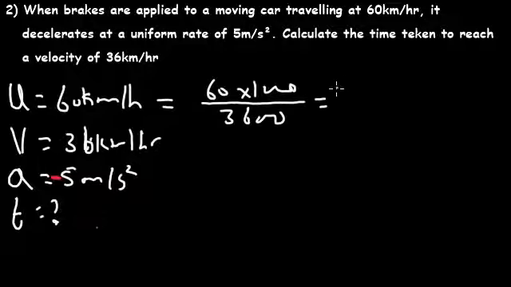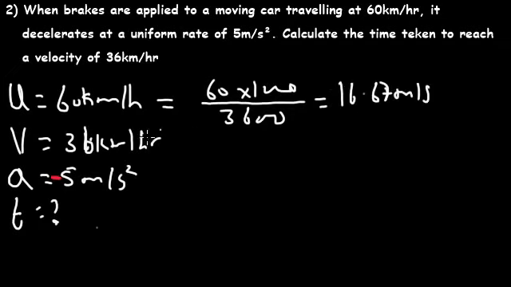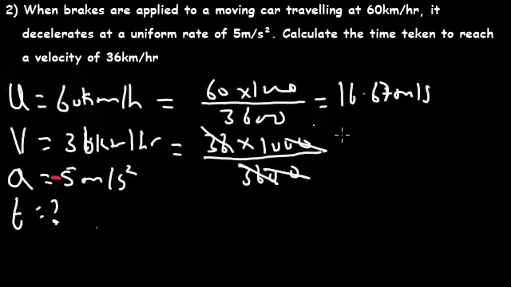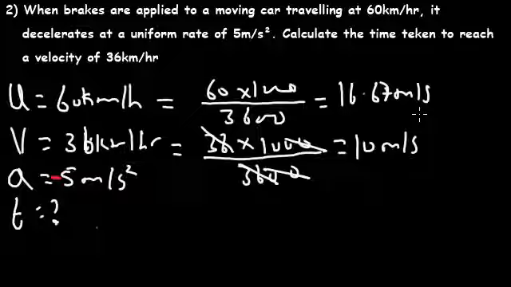And when we typed into calculator earlier, we got 16.67 meters per second. Now let's do 36. That's 36 times 1000 divided by 3600. Now these two zeros cancel, 36 cancels out, and left over is 10 meters per second. Now we have all the quantities in the appropriate units.